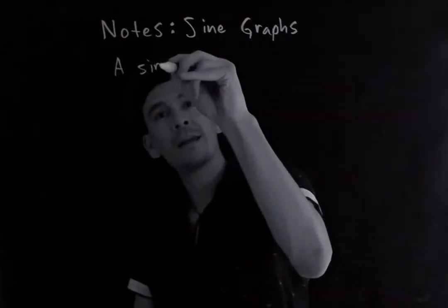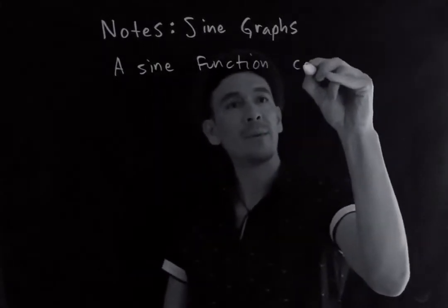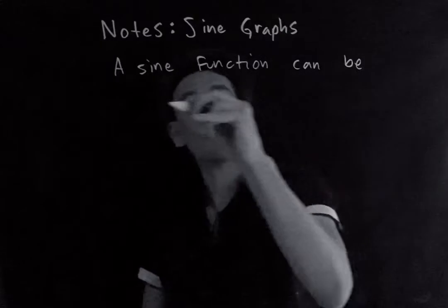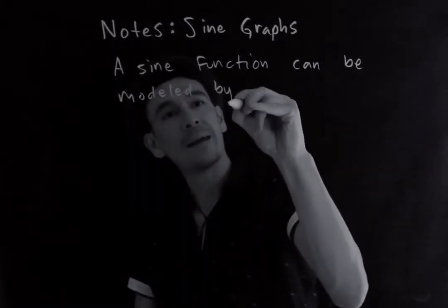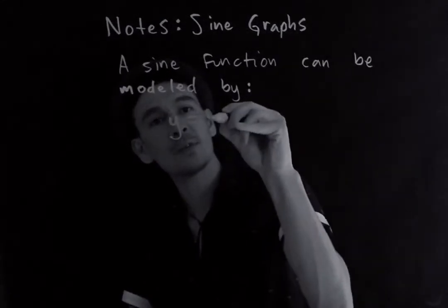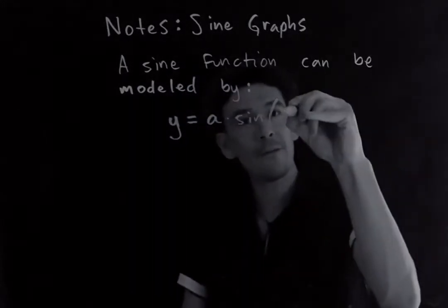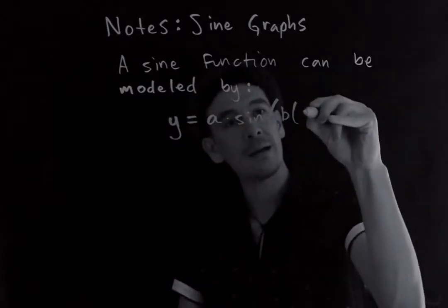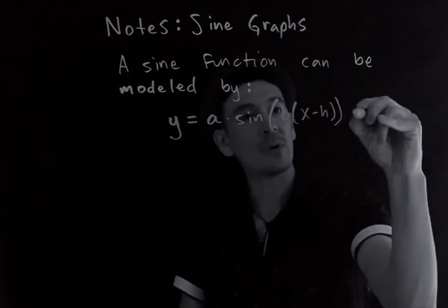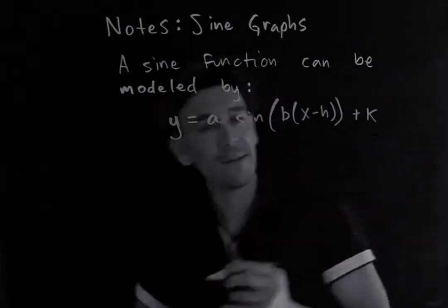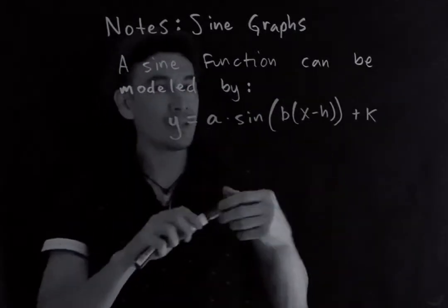Pencils up. A sine function can be modeled by y equals A times sine of B times (x minus h), plus k. Now we have to discuss what A, B, H, and K control.